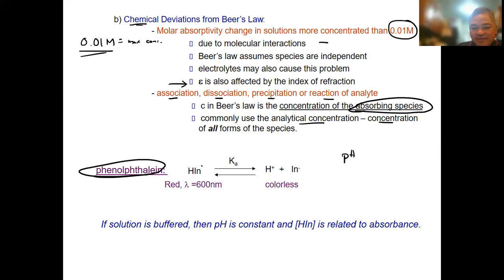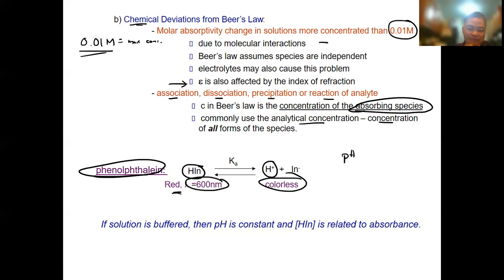Because phenolphthalein at different pH, they have different forms. So we could say the protonated phenolphthalein is colored, so it has an absorbance at 600 nanometers. But at higher pH, it is colorless, so it will not absorb anything.